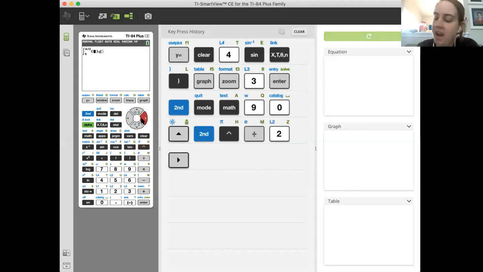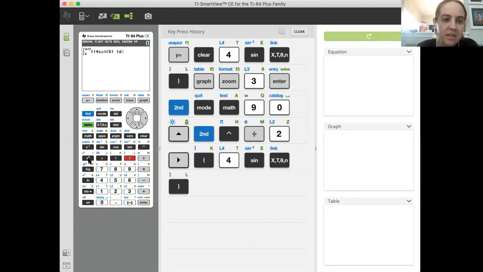And inside here, I'm going to do my parentheses, 4 sine theta. Close this, square it. So I know it looks like the theta is being squared, but in calculator world, actually, that's just the sine being squared, not the 4. I need to close my parentheses again.